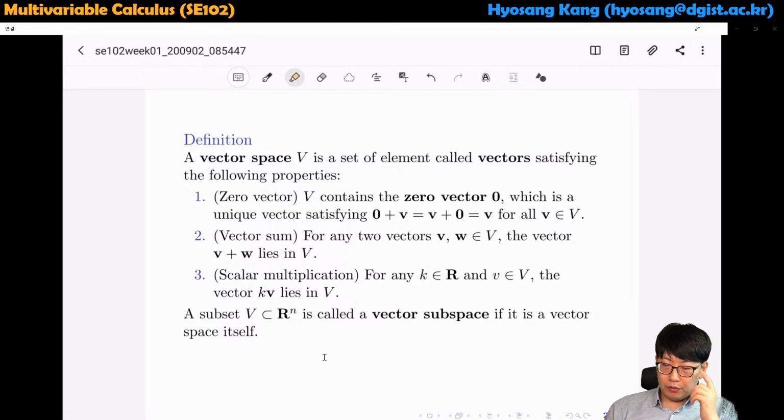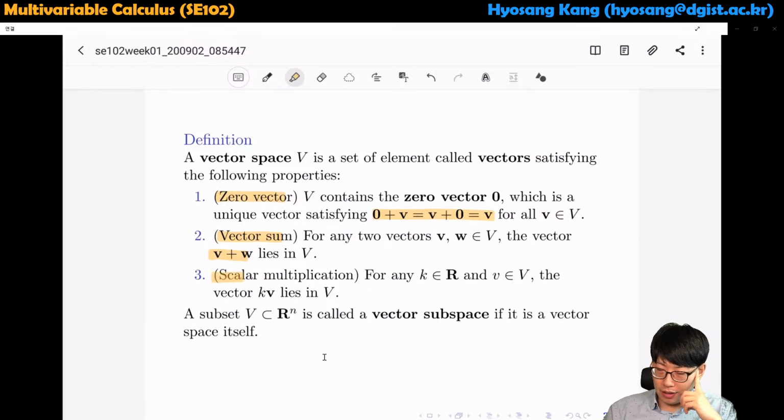You have to define the vector space first, and then what is the vector inside that space. The vector space is a set of elements, sometimes called vectors, satisfying 3 properties. First one is that it has a zero vector, satisfying this algebraic property, and there should be a vector sum, which means that you have an additive operation between 2 vectors, which are elements of the vector space V.